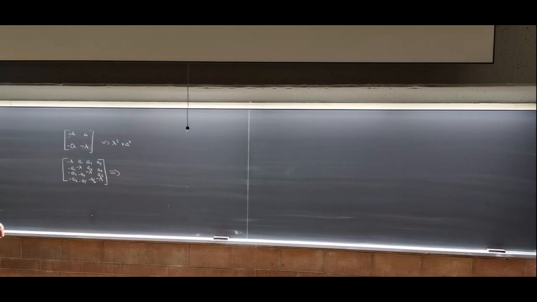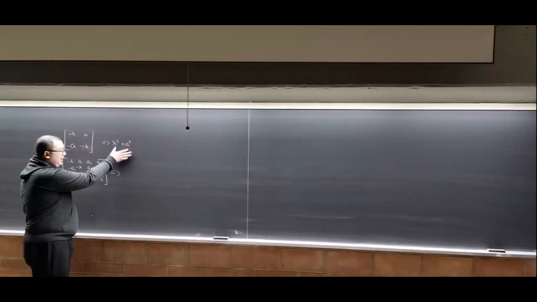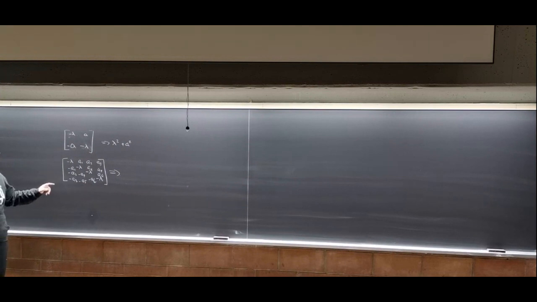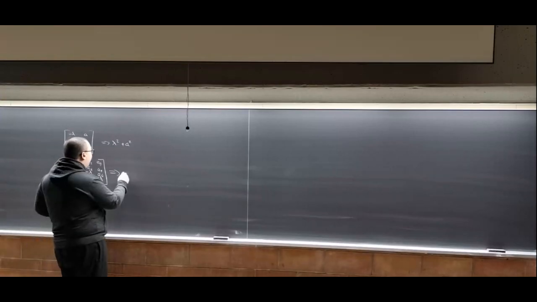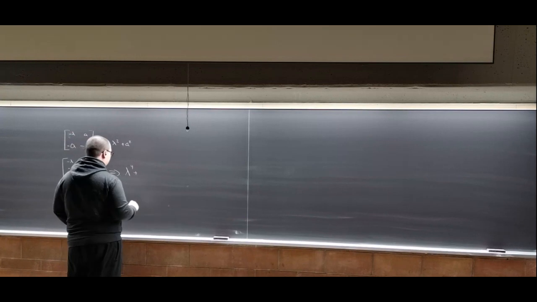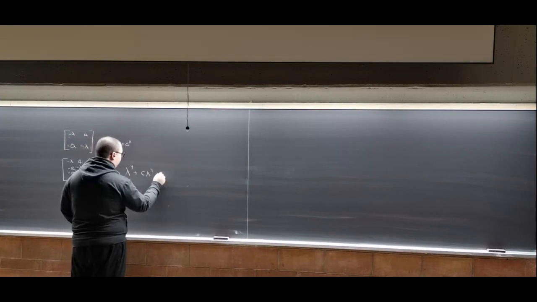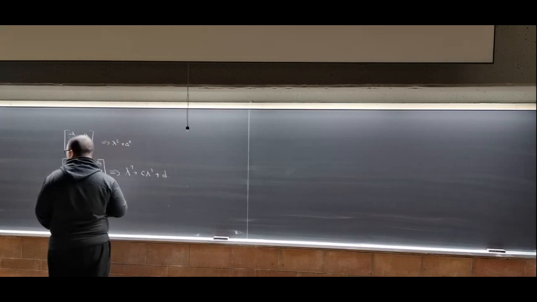Because I don't think it'll just turn into something like this, which is a simple form, right? My guess would be it turns into something like lambda to the power of 4 plus something times lambda to the power of 2 plus something, right?